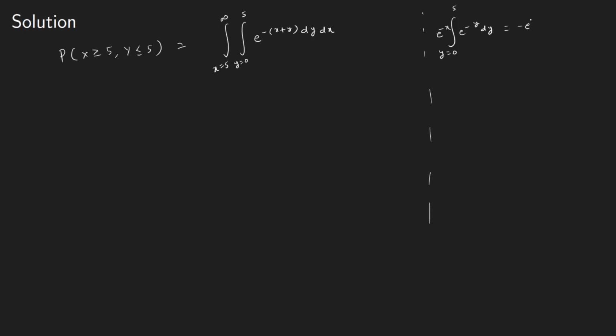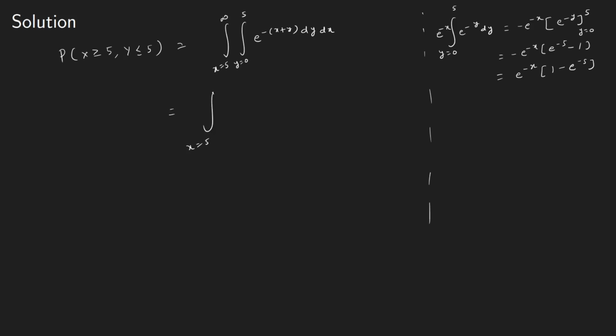So it will be minus e raised to the power minus x, and we get e raised to the power minus y, y equals 0 to 5. So finally we have minus e raised to the power minus x, when you put e raised to the power minus 5 minus 1. So finally it will be e raised to the power minus x times 1 minus e raised to the power minus 5.